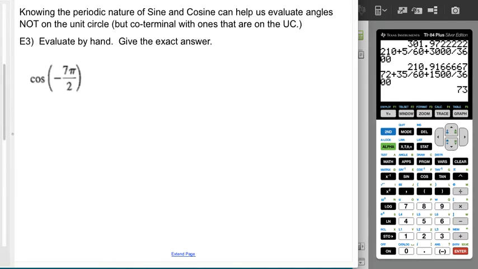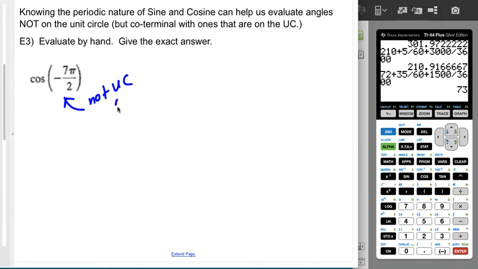All right, so knowing the periodic nature of sine and cosine, we can help evaluate angles that are not on the unit circle but happen to be coterminal with ones that are. So -7 pi over 2 is not on the unit circle, right? But the fact that it's a number, like a pi over 2, means it probably is on the unit circle. It's coterminal with something on the unit circle.